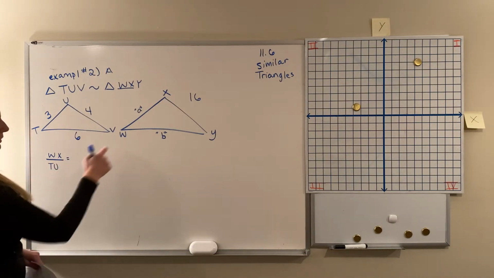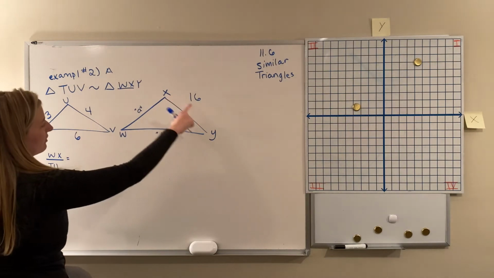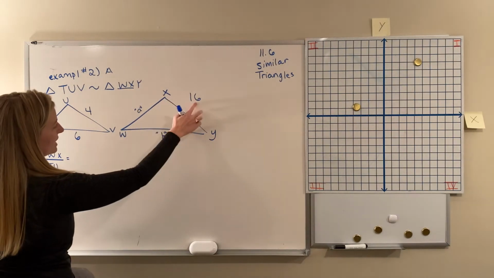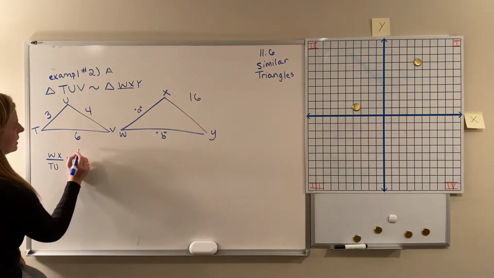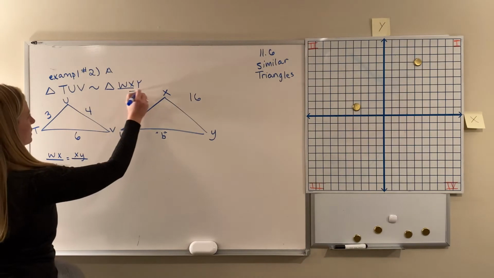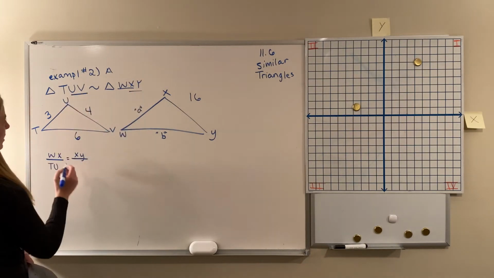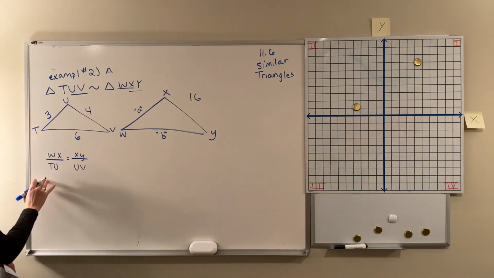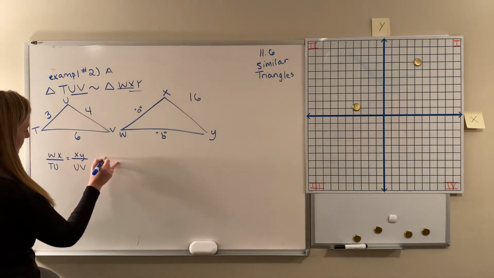So we have our first set, but we need our second set. The only other information they give us that's viable that we can plug in is going to be XY because that's where our actual value is. So we're going to use XY. Well, what does XY correspond to? It corresponds to UV.